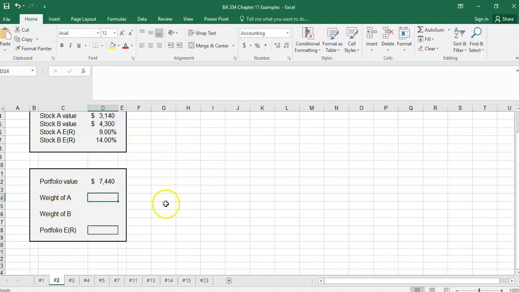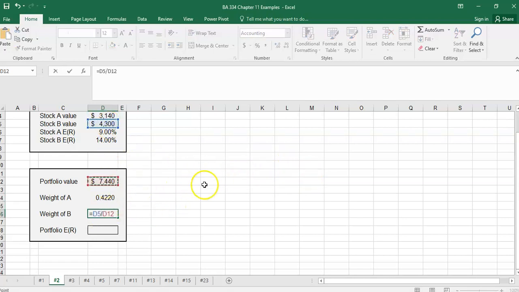We then want to know the weight of each within the portfolio, so the value of A divided by the portfolio amount and the value of B divided by the total portfolio value.